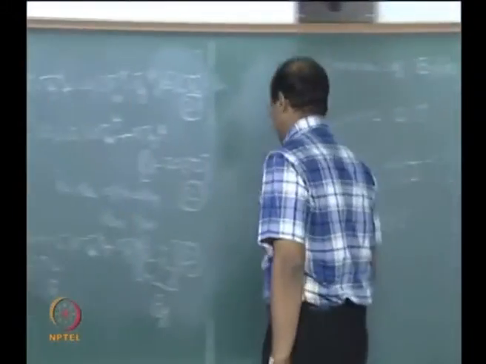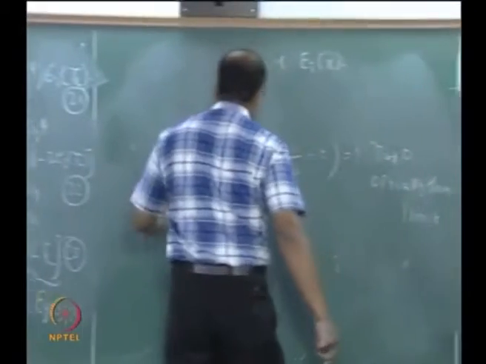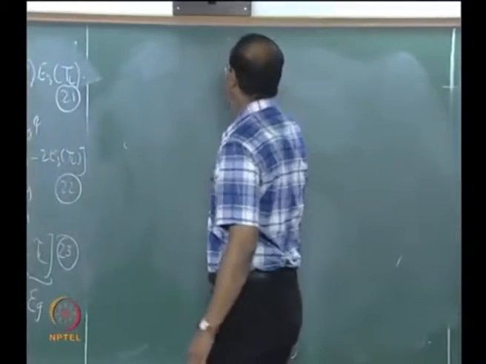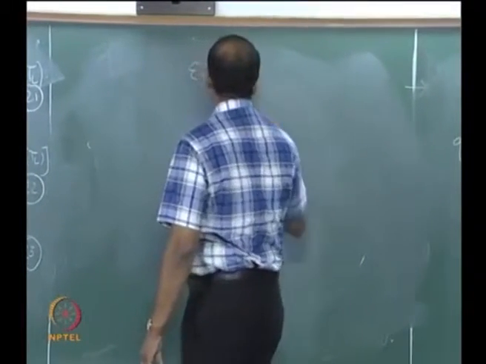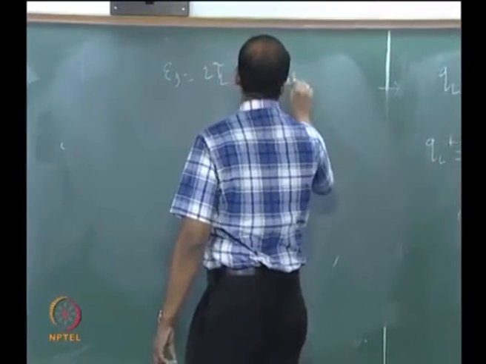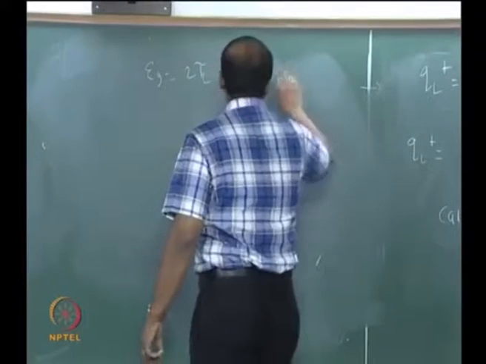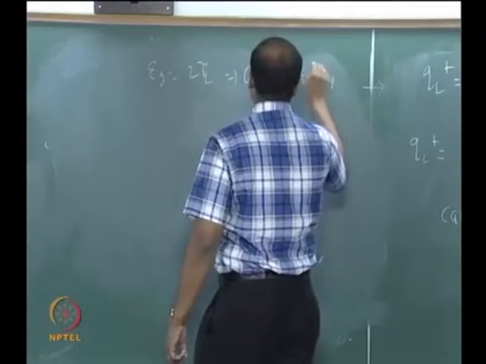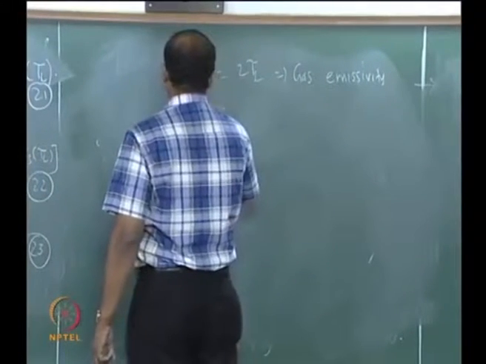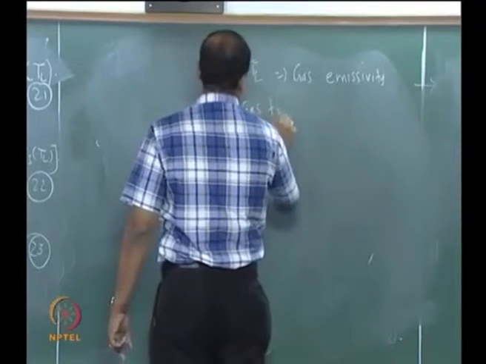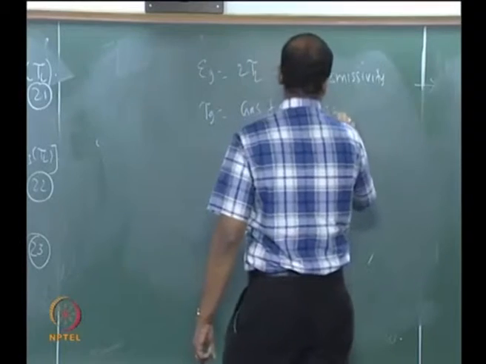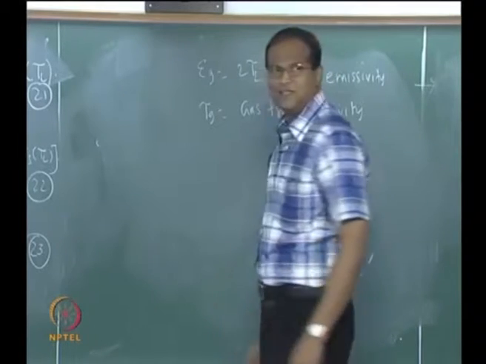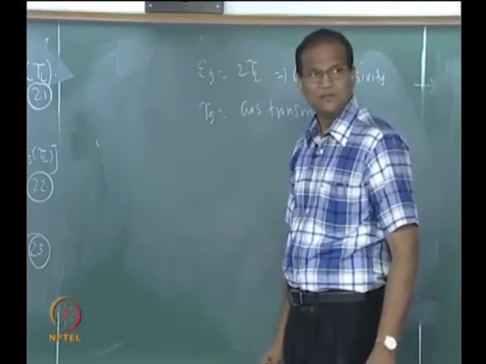What is the relationship between these? Tau g is 1 minus epsilon g, right?